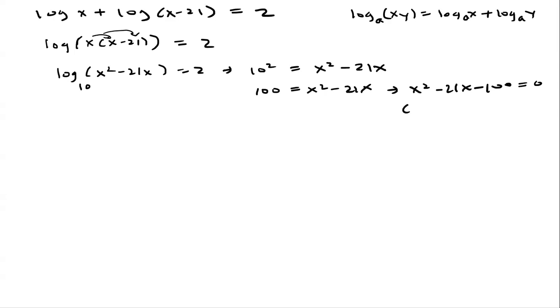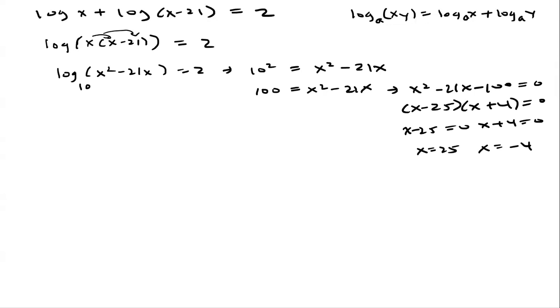Okay, so then our factors are going to be x minus 25, x plus 4 equals 0. And then we set each one to 0. So x gives us 25 and x gives us negative 4.